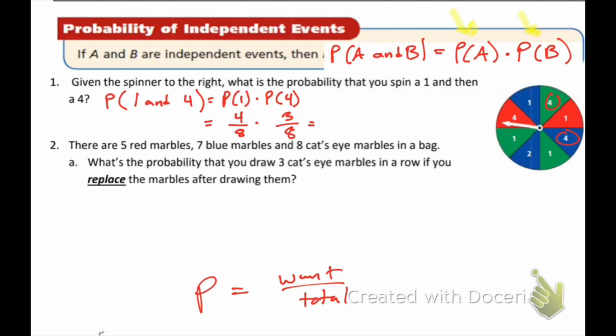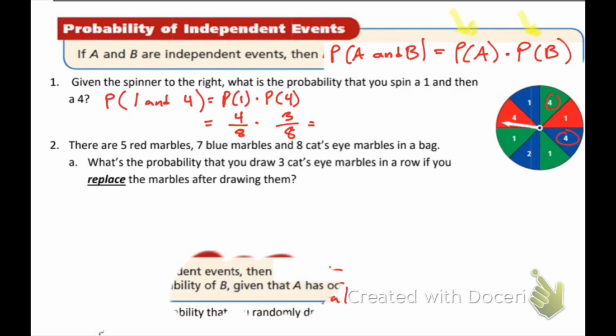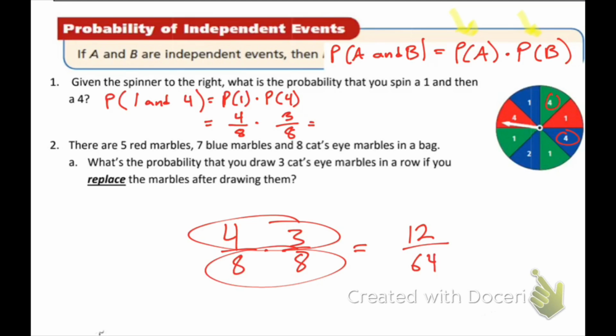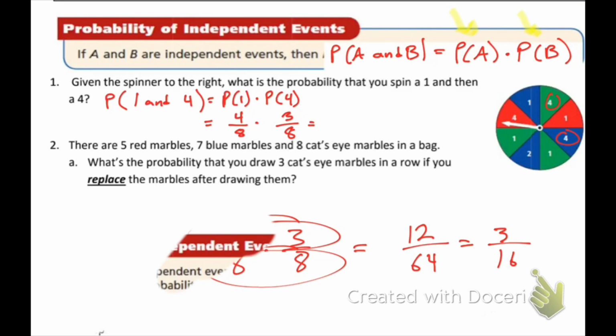So I multiply them together, and remember when we're multiplying fractions, all I'm going to do is multiply the top to get 12, and then multiply the bottom to get 64, and that is going to reduce to 3 over 16, so 3/16.